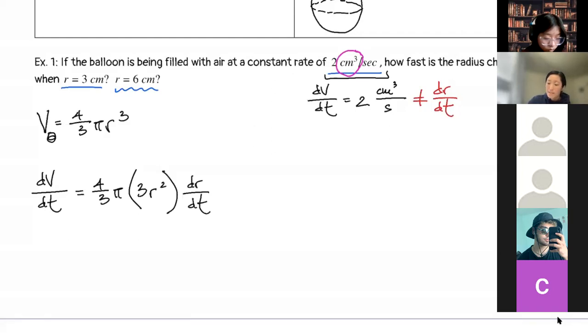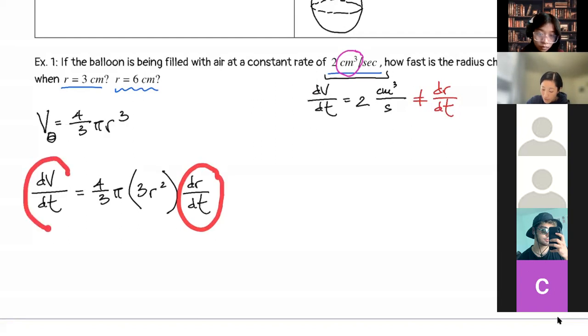Just like we knew that when we take a derivative of y, we get y prime, when we take these derivatives with respect to time, we need the bottom to be a dt.